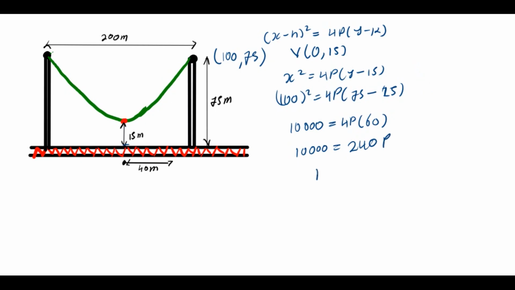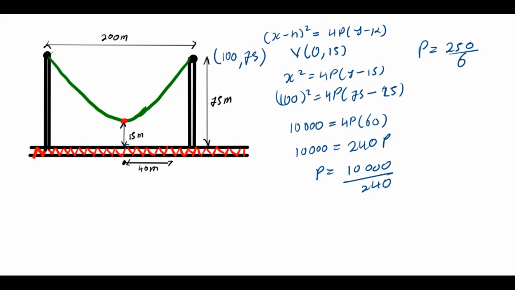So your p is going to be equal to 10,000 divided by 240. We can choose to simplify this. Your p is going to be equal to 250 over 6.